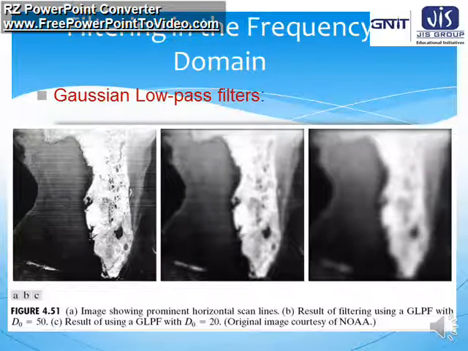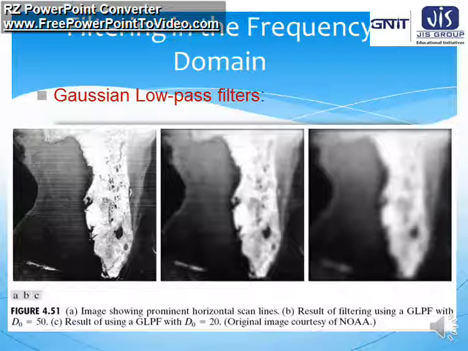Here are also some examples of the Gaussian low pass filter, where the first image shows prominent horizontal scan lines, the middle image is the result of filtering using a Gaussian low pass filter with D0 equals 50, and the extreme right side shows the result of using a GLPF with D0 equals 20.